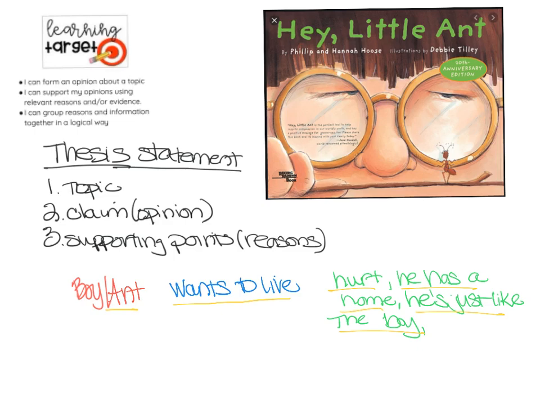If we were to go back and read Hey Little Ant again, this is what the whole story is about. And when you are writing an opinion piece or other sorts of essays that require a thesis statement, this 1, 2, and 3 are the core things that you need for your thesis statement.